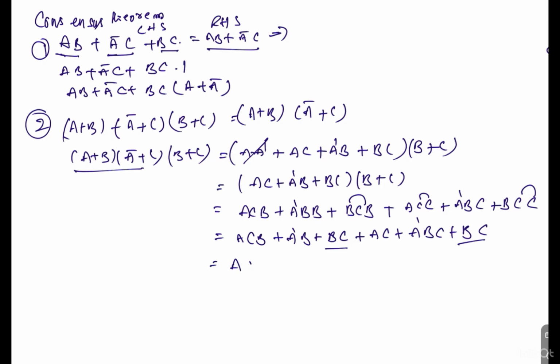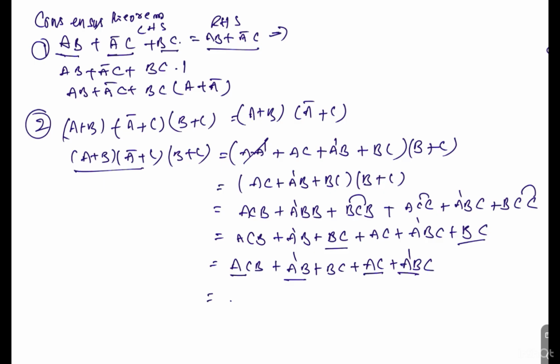So this can be written as ACB plus A bar B plus BC plus AC plus A bar BC. Now if you observe, here A bar B is common, A bar B is common, and again here AC is common, here AC is common.